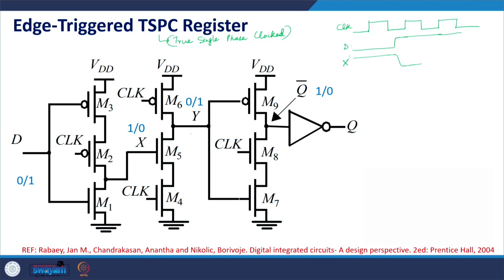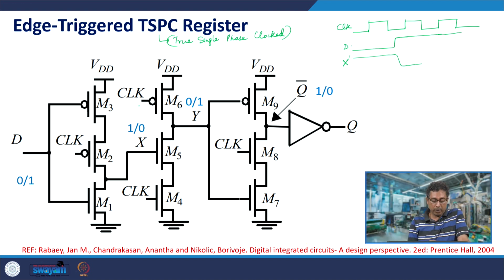And what happens to Y? When clock is 0, M6 is on, therefore Y would be pre-charged to VDD, because clock is 0 and M4 is off. So whatever the value of X, either VDD or 0, Y would be pre-charged to VDD.